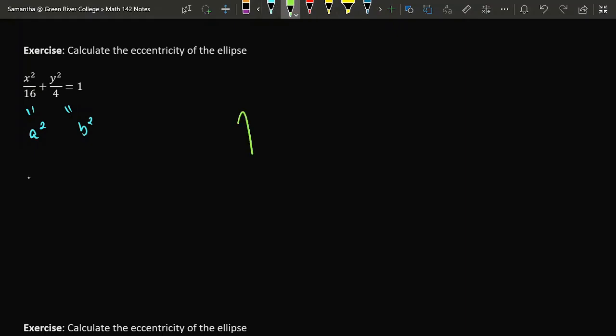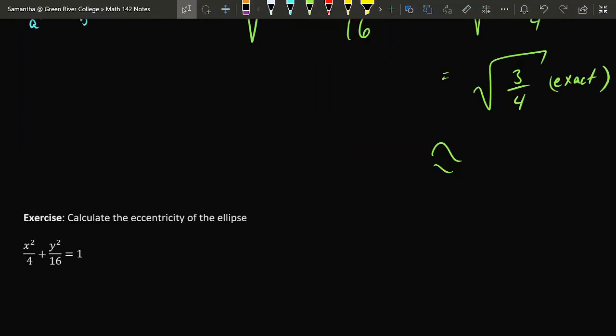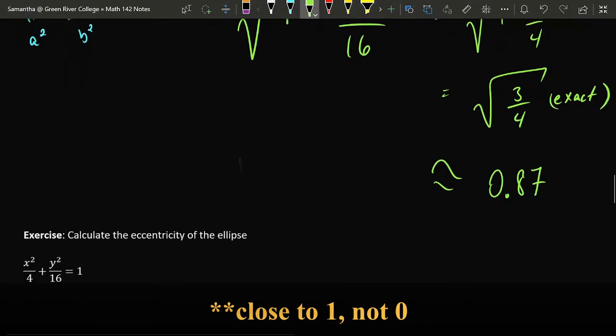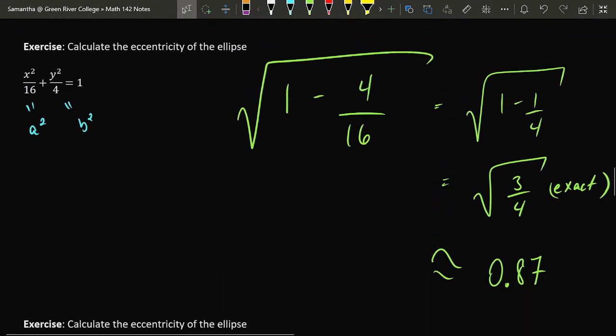So to find the eccentricity, I'm going to take 1 and take away the b squared, the small number, divided by the a squared, the big number. That would be equal to approximately 0.87. So relatively close to 1 to reflect the fact that it's relatively stretched out.